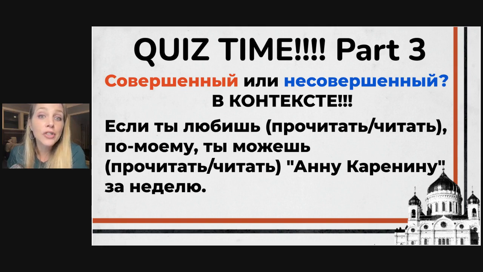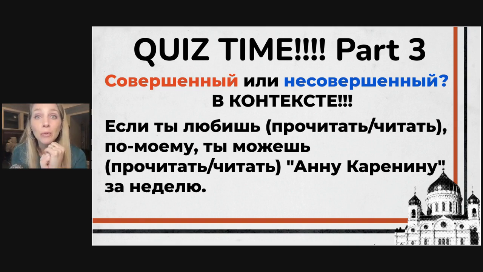So if you love to читать, читать, по-моему, ты можешь прочитать because of the keyword за, which emphasizes how quickly you will do a verb. So you can, and if you've seen Anna Karenina, это большая, довольно большая книга. So I think if you love to read, I think you could finish reading Anna Karenina in a week's time.